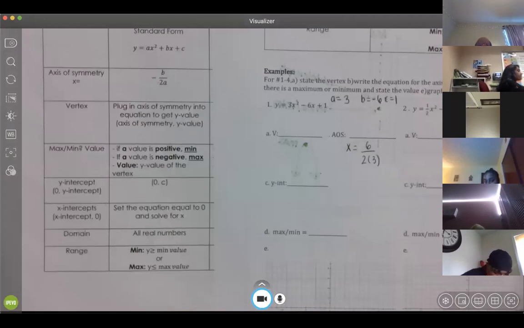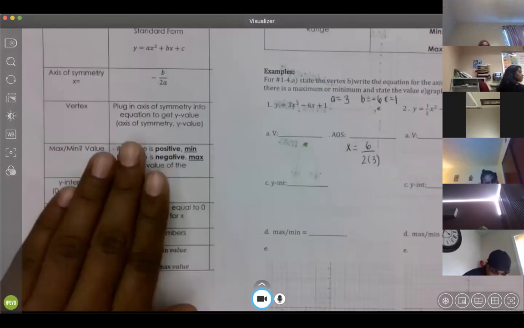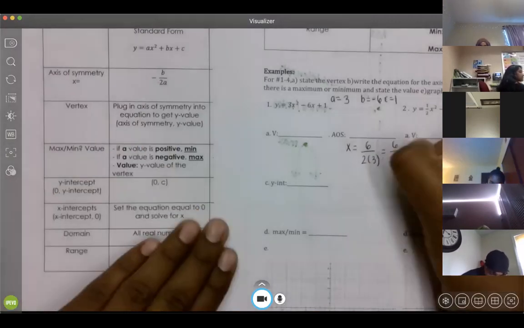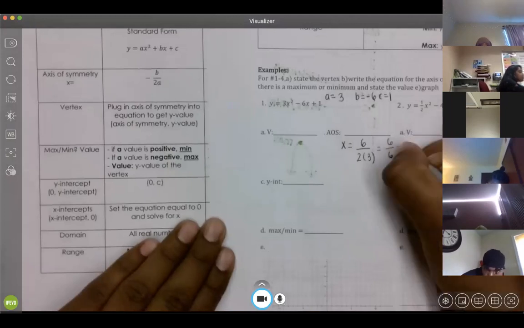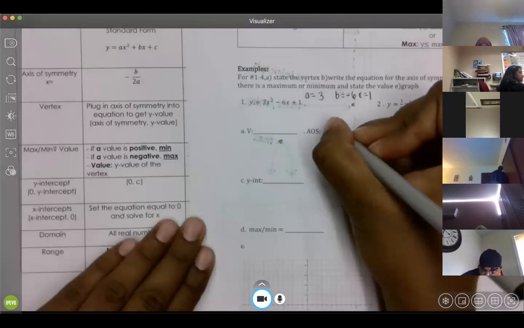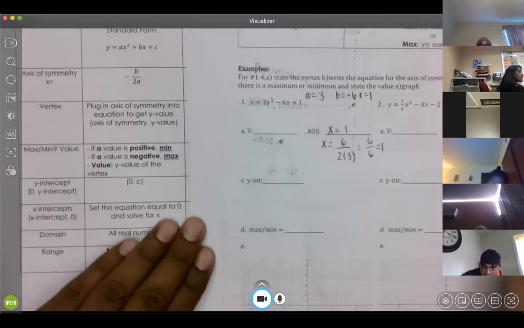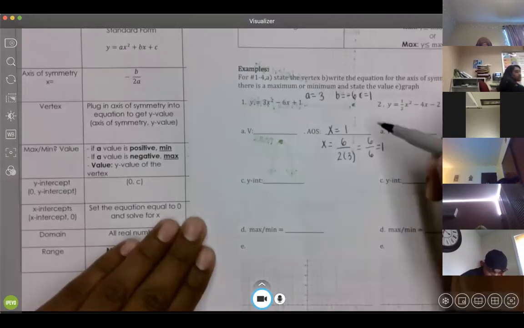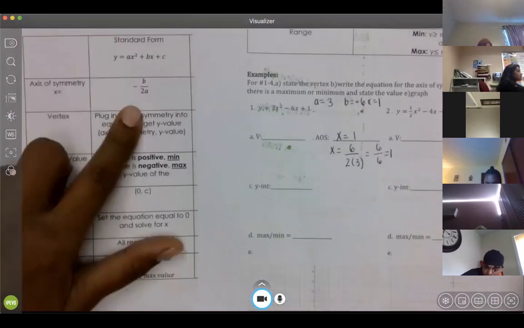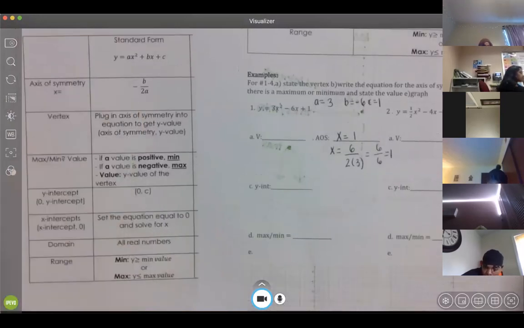Questions so far? 2 times 3 is 6, so 6 divided by 6 is equal to 1. Your axis of symmetry, you always have to include the x equals because it's a line, is x equals 1. Are there any questions about how we got the axis of symmetry? You always use this formula to find it.